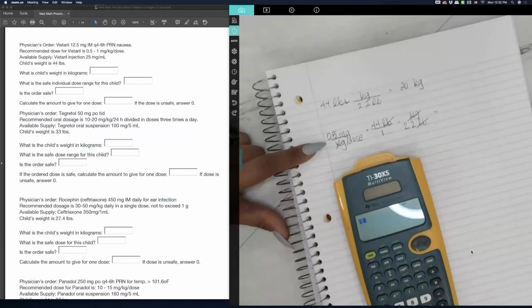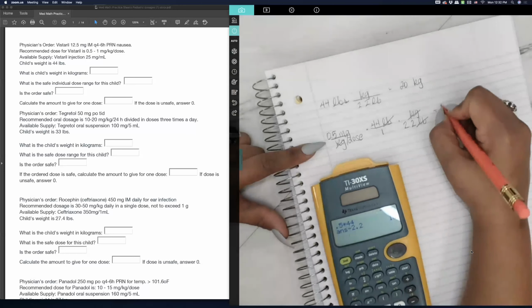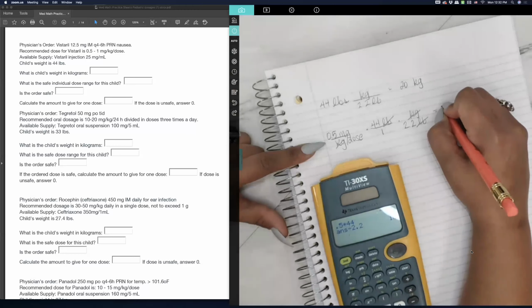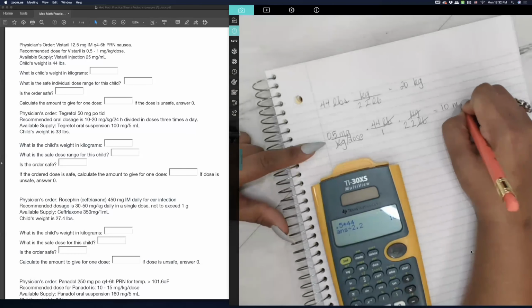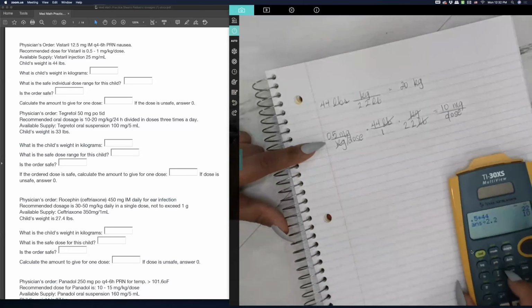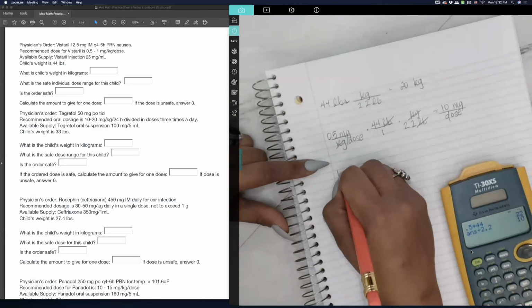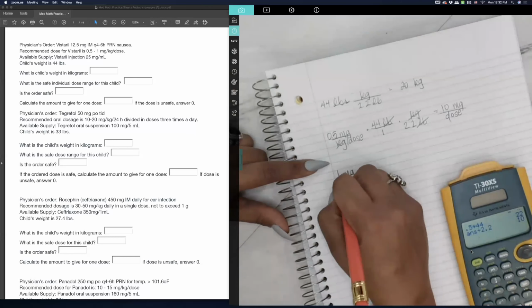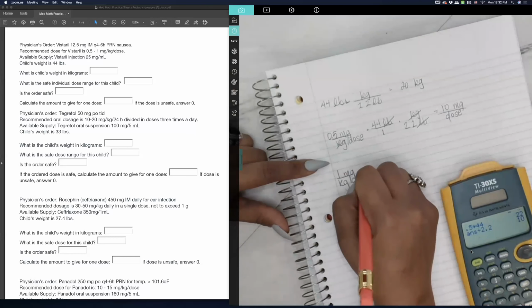So it's going to be 0.5 times 44 divided by 2.2, which is going to give us 10 milligrams per dose on the low end, and then the high end of our range is 1 milligram per kilogram per dose.